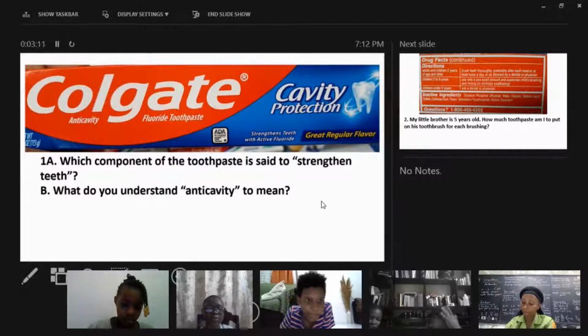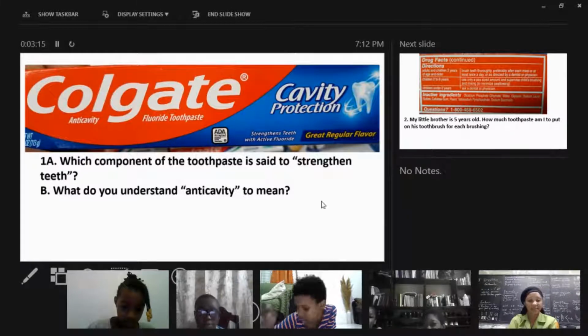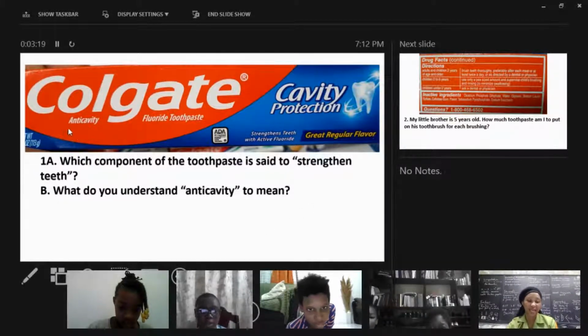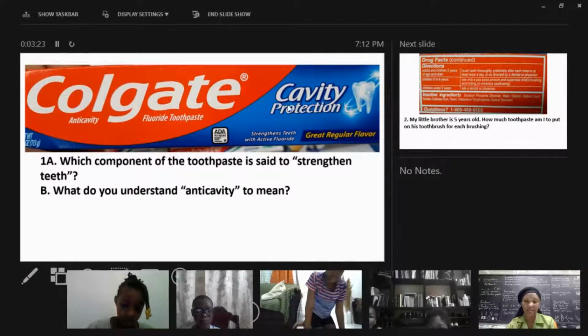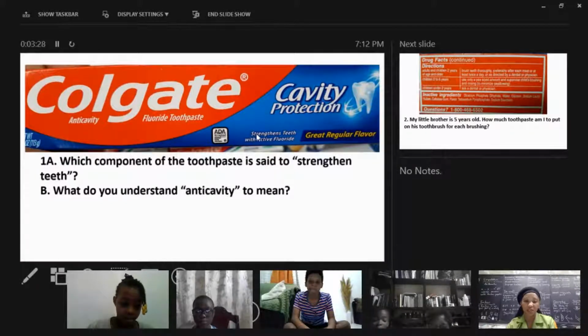Colgate, cavity, fluoride, anti-cavity. So this word here is anti-cavity, fluoride toothpaste, cavity protection, great regular flavor, strengthens teeth with active fluoride.